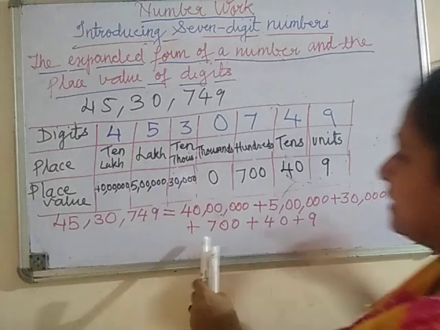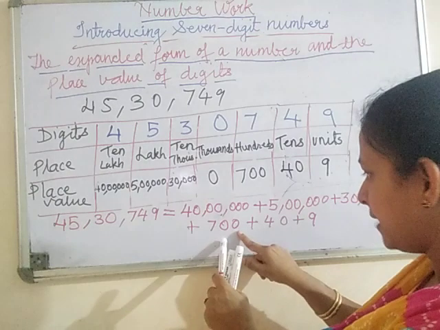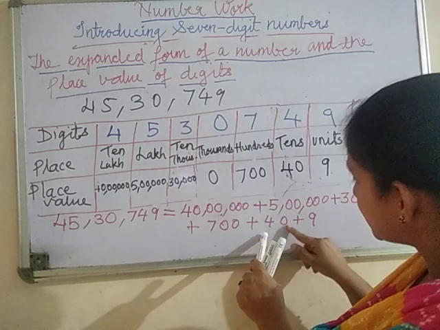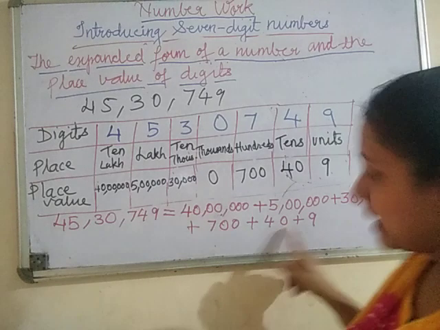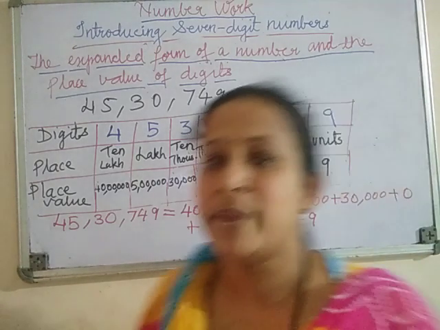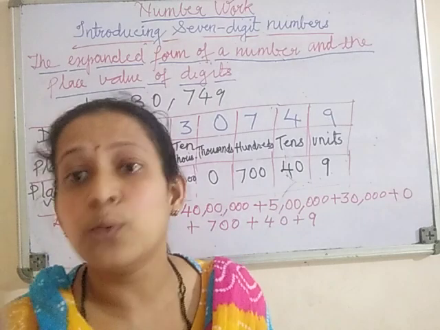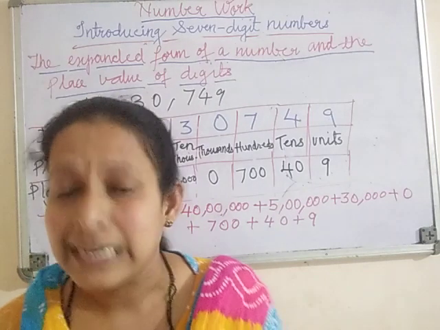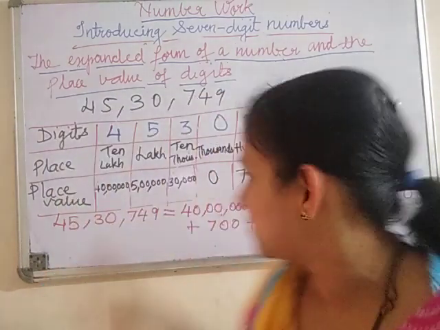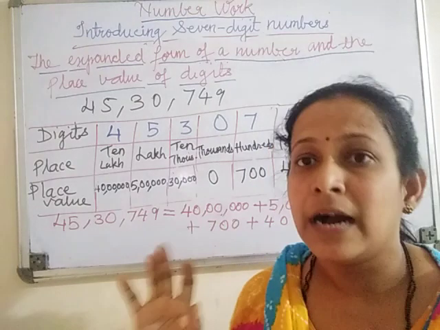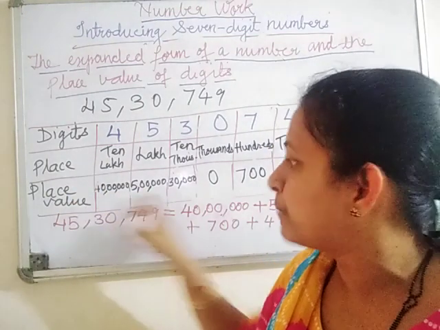In a 3-digit number, 2 zeros. In a 2-digit number, 1 zero, and in a 1-digit number, it depends on what number it is, whether 0, 1, 2, 3, 4, 5, 6, 7, 8 or 9. So this is regarding the expansion and even the place names and place values.